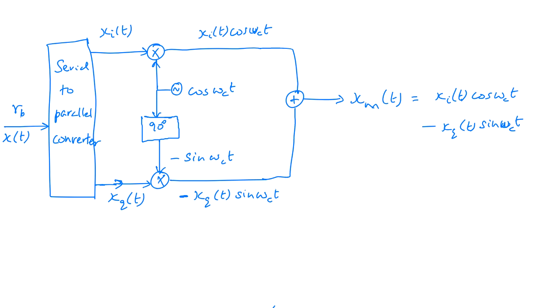Now what you notice is we are dividing the information bits into two parallel streams, and one of the streams is modulating the cosine carrier and the other stream is modulating the sine carrier, and the cosine and sine are 90 degrees phase shifted with respect to each other.